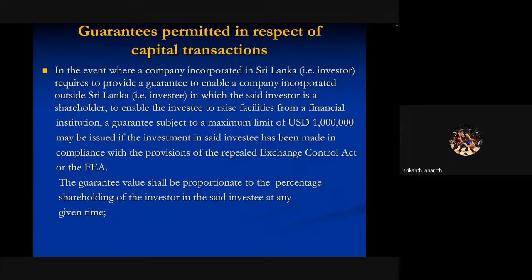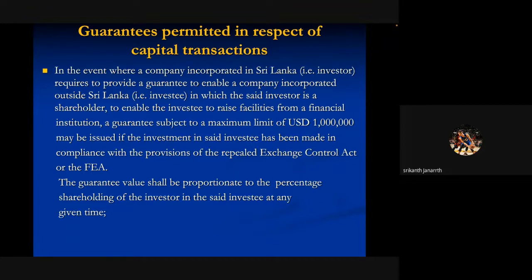So when they want to borrow 1 million, Haley's company can get a bank guarantee for 500,000, 50% of the share capital, proportionate, right? It is proportionate to the shareholding. The proportionate shareholding is 50-50. I told you the capital is 1 million, contributed 50% by Haley's, 50% by the Bangladeshi garment factory. So when they go for a loan of 1 million, the guarantee Haley's can issue is 500,000.